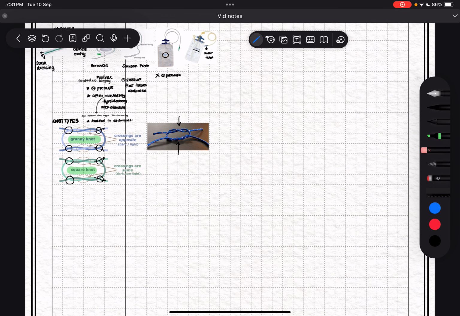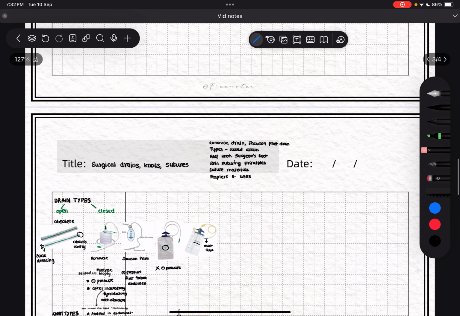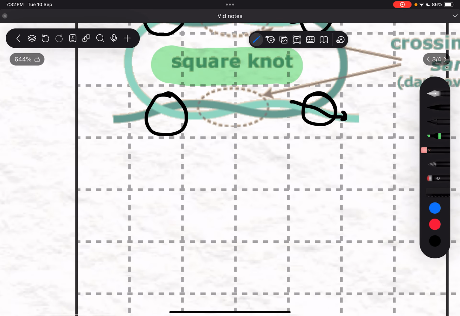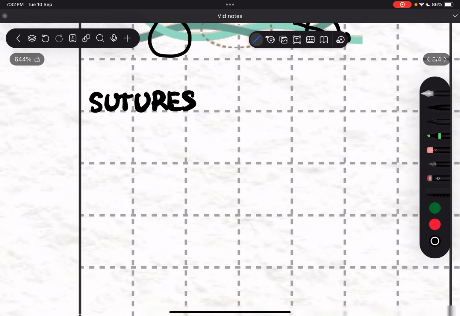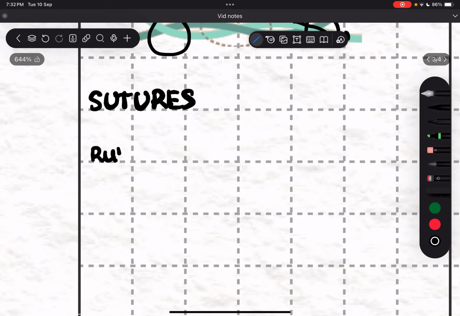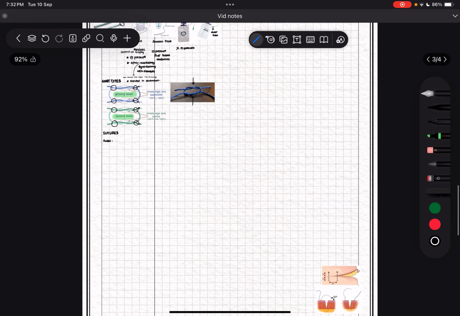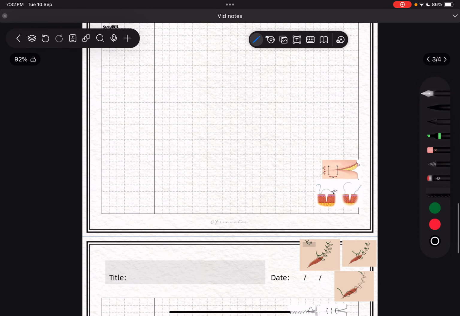Now with the knots completed, we will get into the sutures. So the suture types. Before that, let us look at the basic rules of skin suturing. The rules of skin suturing are based on these images.